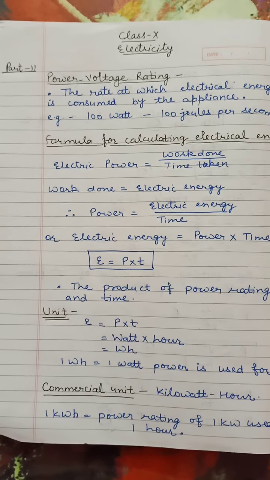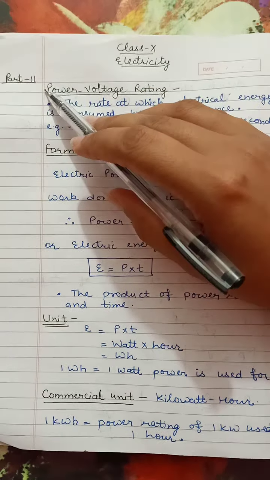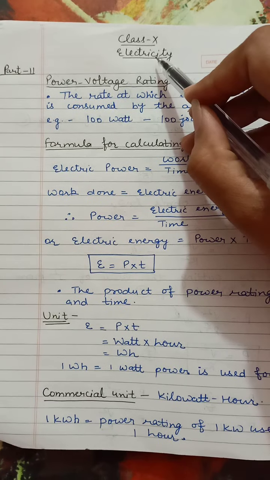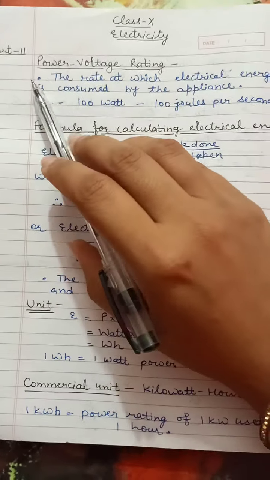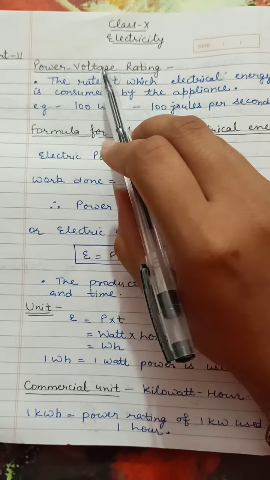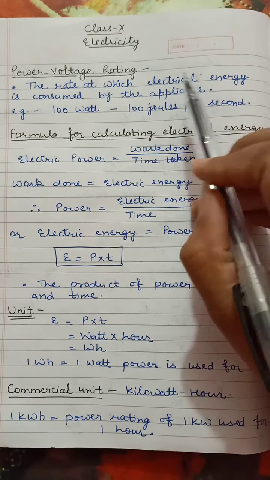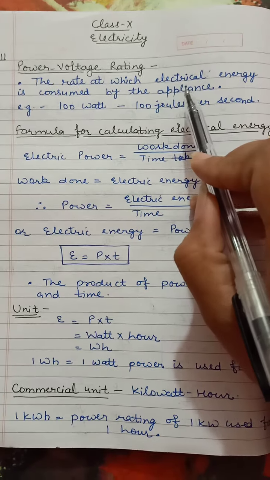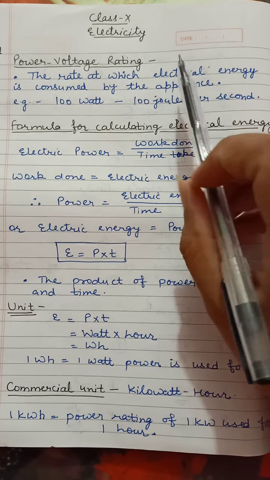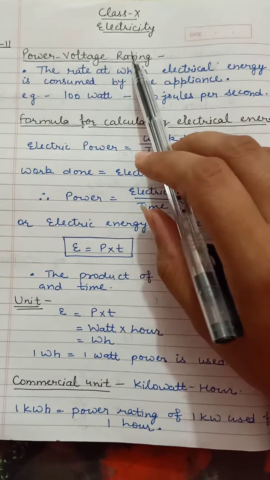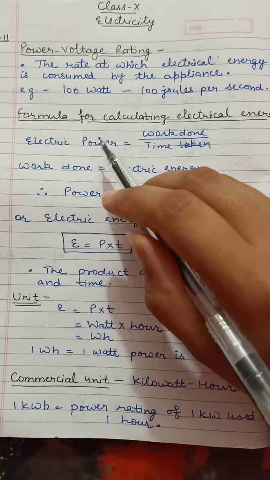Hello everyone. This is part 11 of class 10th electricity chapter, and today we will do the power voltage rating. The rate at which the electrical energy is consumed by the appliance is called the power voltage rating of the appliance.